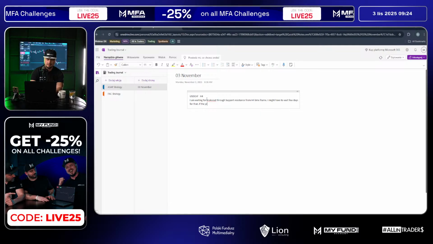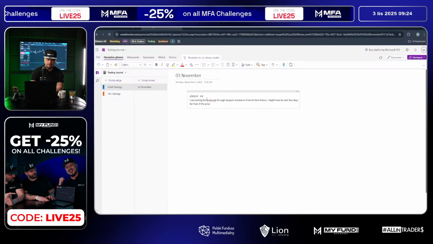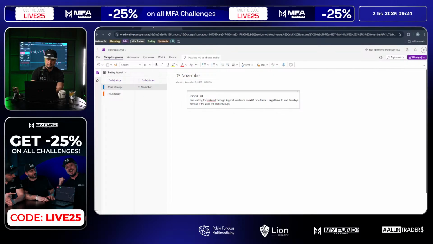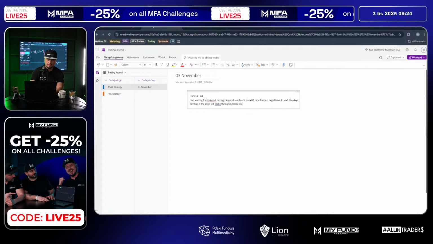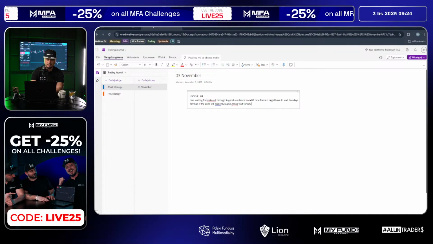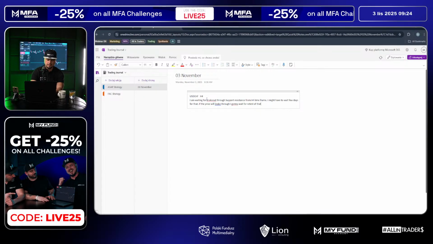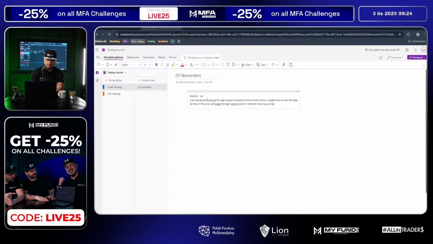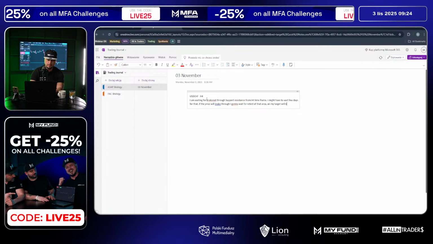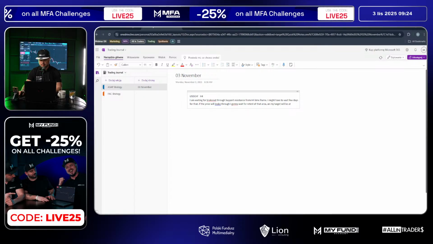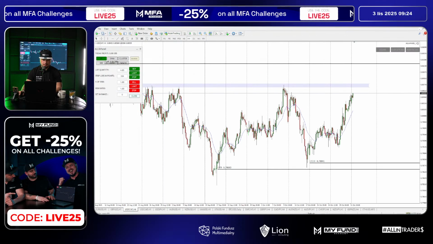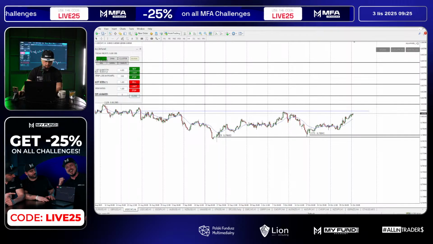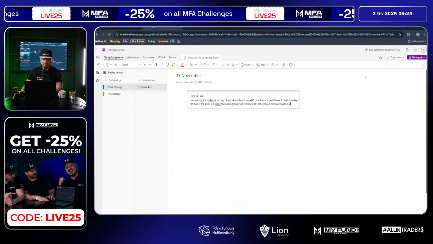If the price will break, now, wait for retest of that area, and my target will be at, let's check, 0.81285.